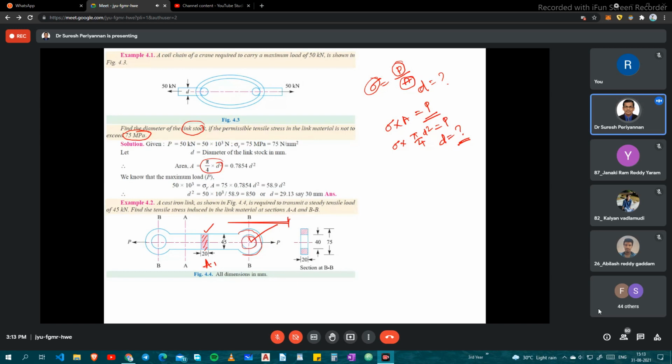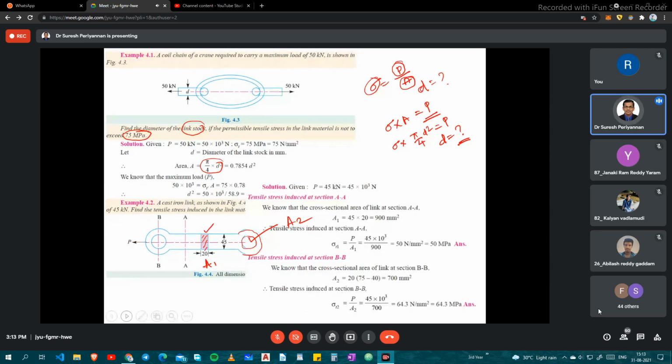Then you can find the area here, A2. Then we are able to find what stresses are acting in this region and in this region, A1 and A2. A1 is the cross section AA, and A2 is the cross section BB.